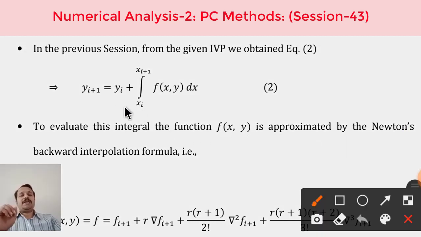Because in this equation number 2 the limits are for x, so it is x is equal to xi, and here it is x is equal to xi plus 1. So these are the two limits we are having for x. Now they have to be changed for r. So what happens, because we are changing it with h dr, the integration is now becoming with respect to r. Therefore what should the lower limit be, what is the value of r at the lower limit, and what is the upper limit for r, that we have to estimate.